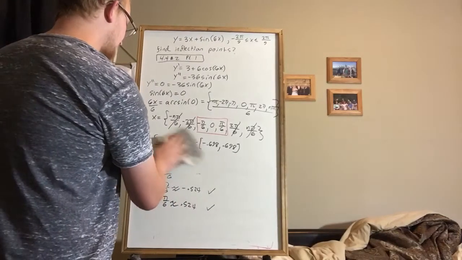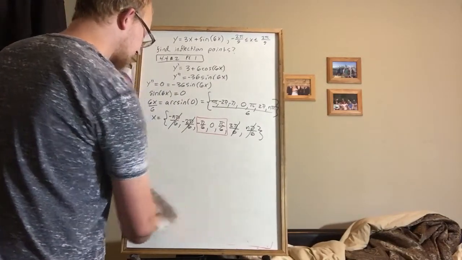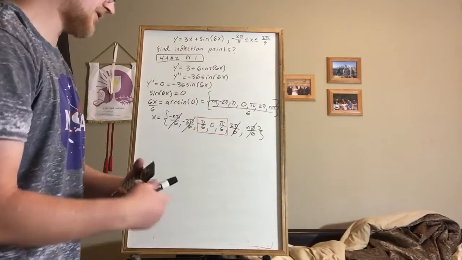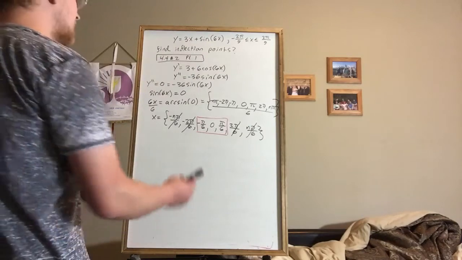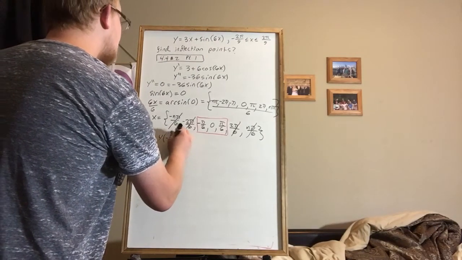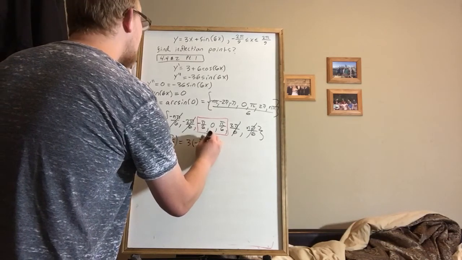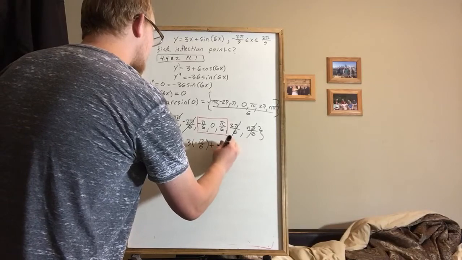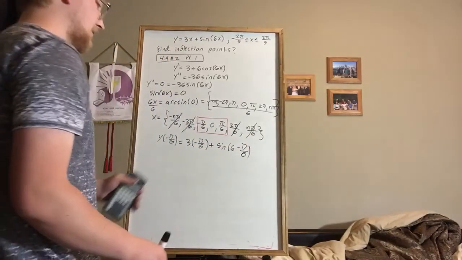So now that we've done that, we've found all of our inflection points within our interval. Now they just want them in ordered pairs, so we're just going to plug these back into the original function. So y of negative pi sixths equals 3 times minus pi sixths plus sine of 6 times minus pi sixths. And then we'll solve for that.